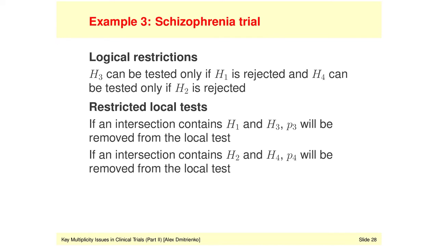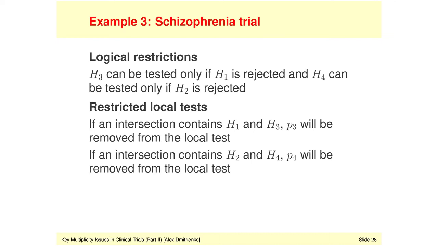The logical restrictions that would be most relevant in example 3 were discussed at the beginning of this module. We said at that time that in the context of this multiplicity problem, it is most meaningful to apply the logical restrictions defined at the top of the slide.